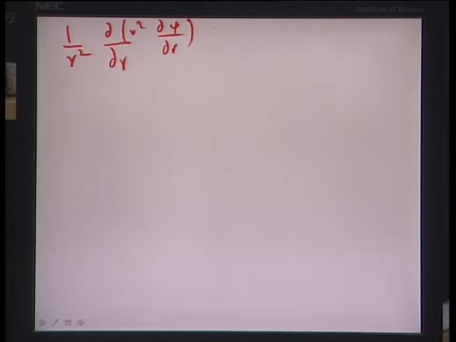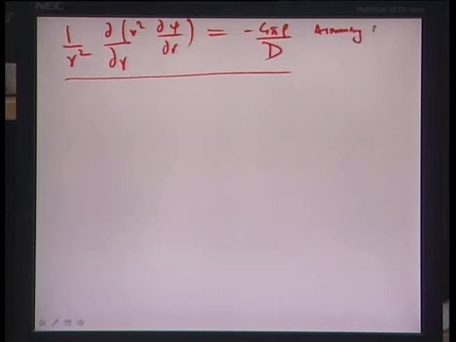This can be equated to minus 4 pi rho by d. That is how the Poisson's equation can be written down, assuming spherical symmetry. So the potential function's variation is purely with respect to the radius vector r.